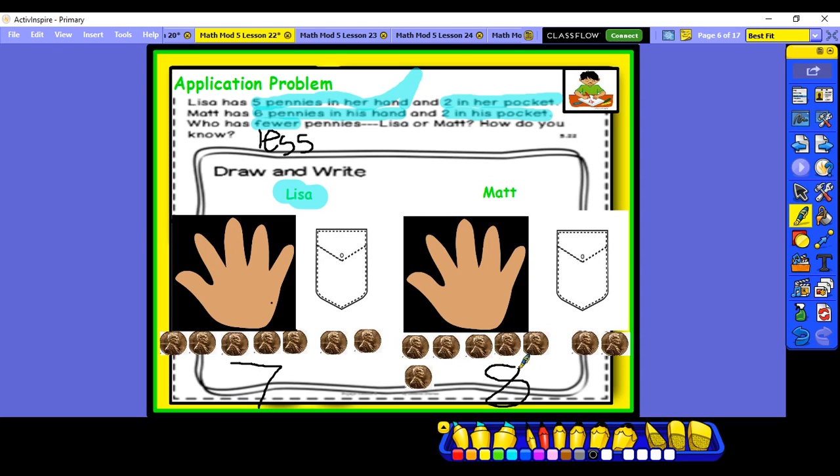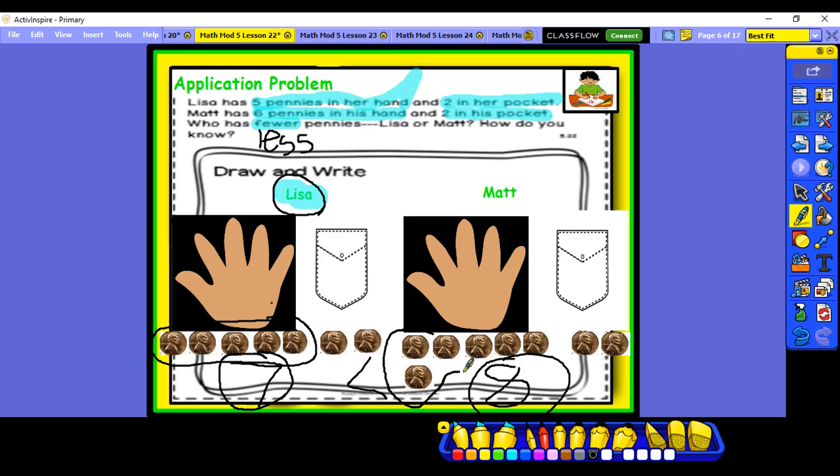Who has fewer or less? Lisa. How do you know? Lisa has 7 pennies all together. 7 is less than 8. So Lisa has less. If I look at the pennies in Lisa's hand, she only has 5.